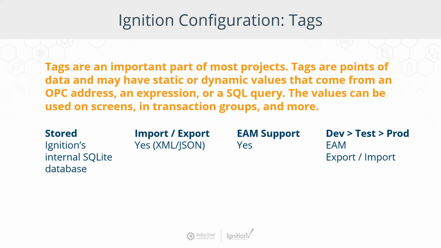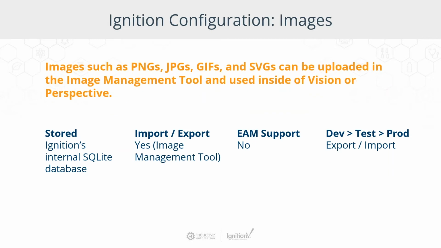Yeah, and we're continuing to allude to understanding the differences between each of these environments; no matter what, with any configuration, it is important. Next area is images. These are also not stored inside of a project. They are separate to the gateway, managed through the management tool inside of the Designer. They're images that we can work with: PNGs, JPEGs, GIFs, SVGs, all of that.